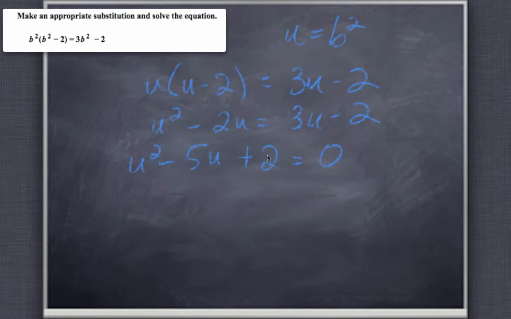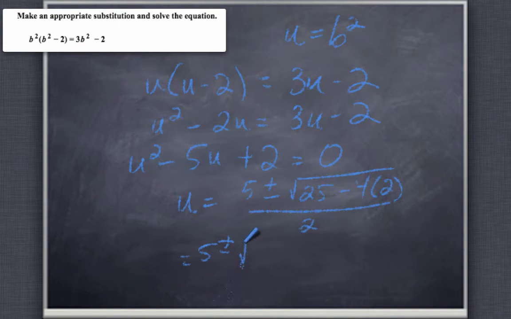And I know that because the only way to get 2 is 1 times 2 or negative 1 times negative 2. So I'm going to do the quadratic. U equals negative negative 5 plus or minus square root negative 5 squared minus 4 times 1 times 2 all over 2 times 1. 25 minus 8, 17.